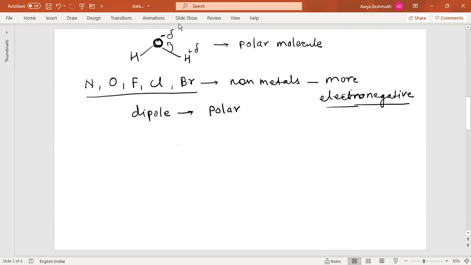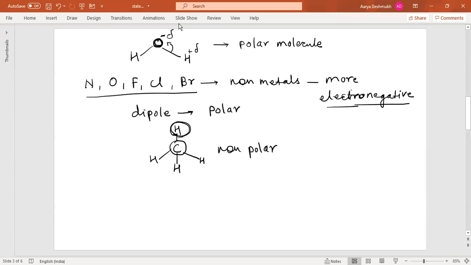Now if I take an example like methane, CH4, this is a non-polar one, because the electronegativity difference between the carbon atom and the hydrogen atom is very little.